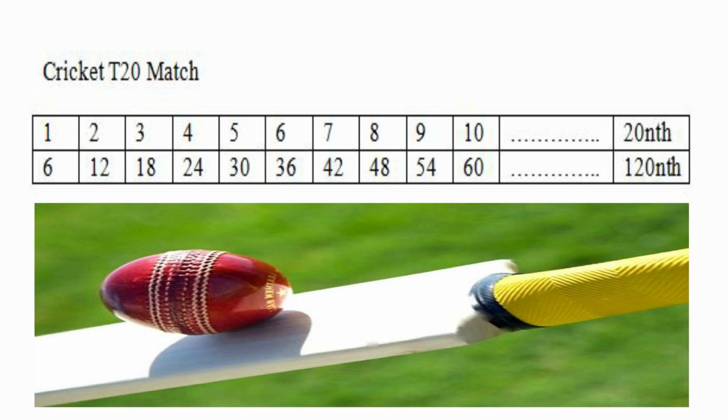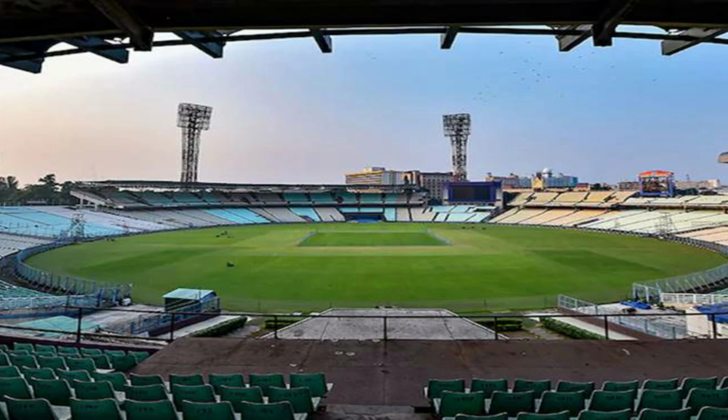And so on, the 20th over, 120 balls. You see, the overs increase by 1 each time and the balls increase by 6 each time. So there are two patterns here. You can easily make two different patterns in a visualized way in a cricket match also.